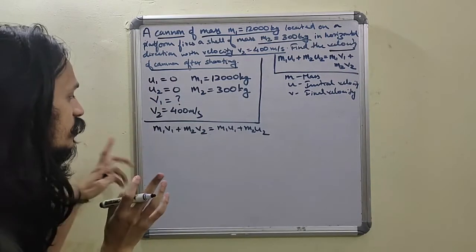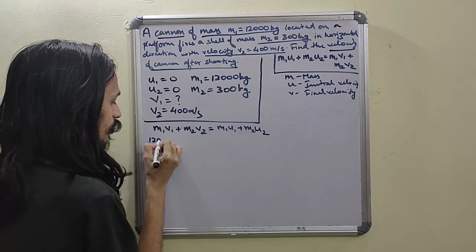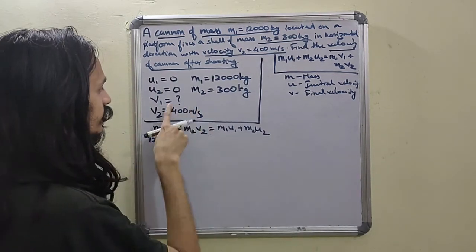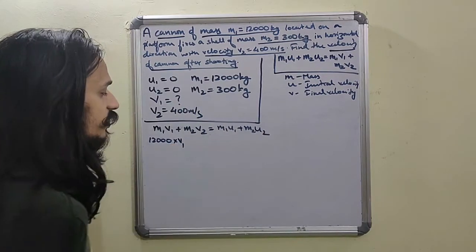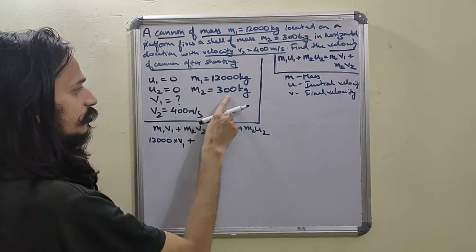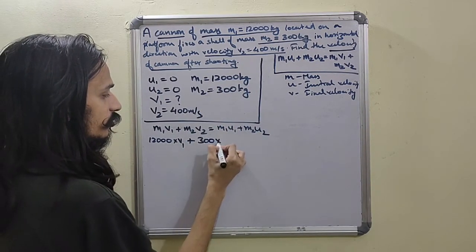Now I'll simply substitute. What is m1? 12,000 into v1. We don't know v1, so I'll leave it as v1, plus m2. What is m2? 300 into v2.